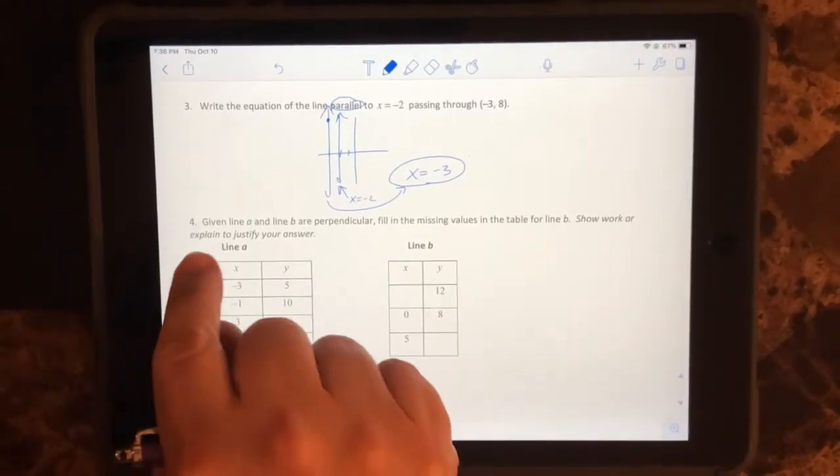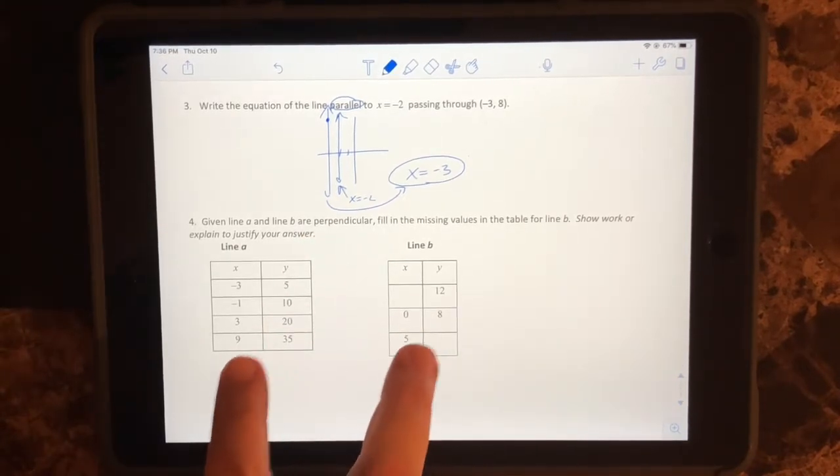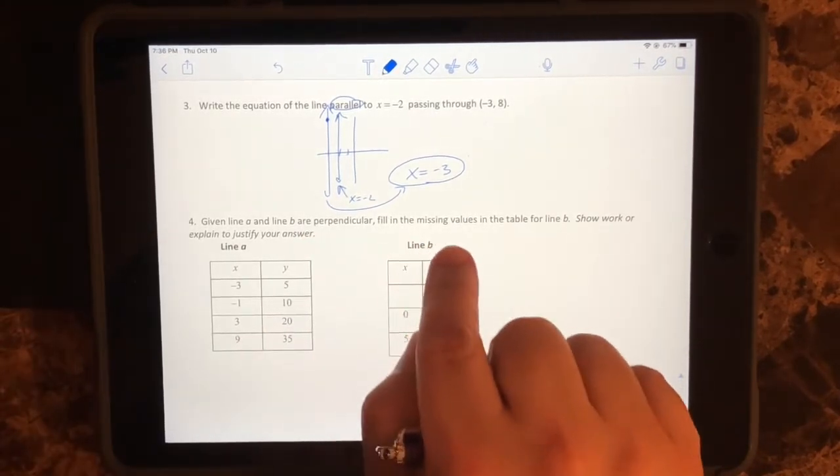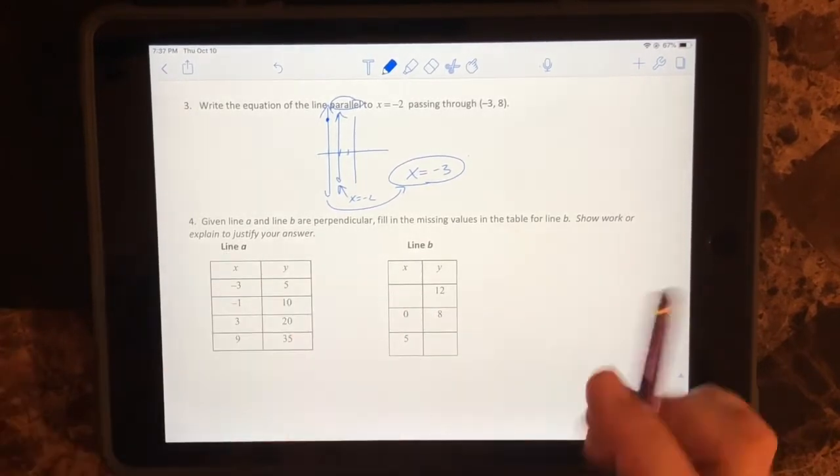All right, so given line A and line B are perpendicular, so these are perpendicular to each other, fill in the missing values of table B, show work, or explain or justify.